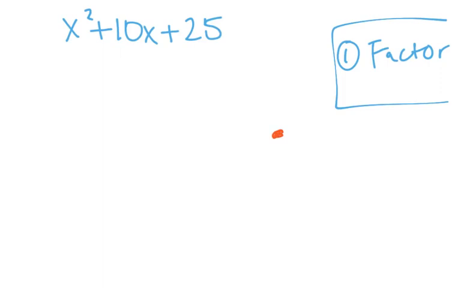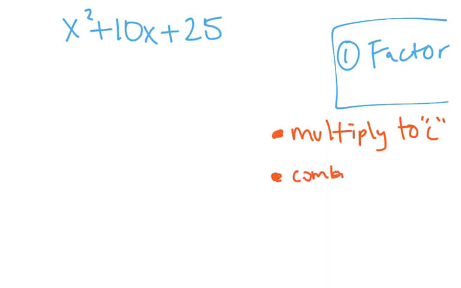What are your two numbers, right? I'm going to try to find two numbers such that the two numbers multiply to C, but they combine to B. So multiply to C and combine to B.